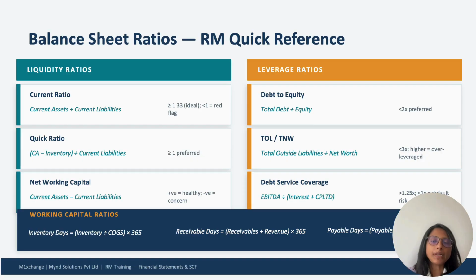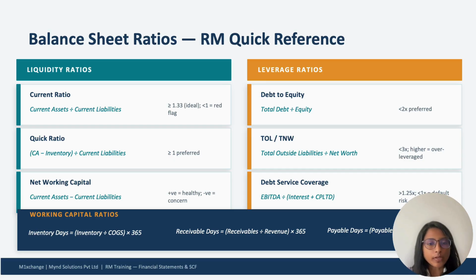So is the company able to fulfill its interest and principal payments both? Okay, so that is my debt service coverage ratio. And where can I find this CPLTD? It is also mentioned in the balance sheet. Okay, so it will be mentioned under your short term borrowings.